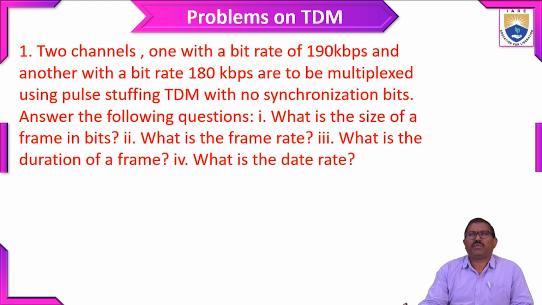So, problems on TDM. TDM means time division multiplexing. The first problem is: two channels, one with a bitrate of 190 kbps and another with a bitrate of 180 kbps, are to be multiplexed using pulse stuffing TDM with no synchronization bits.